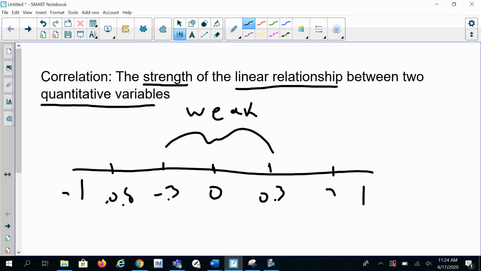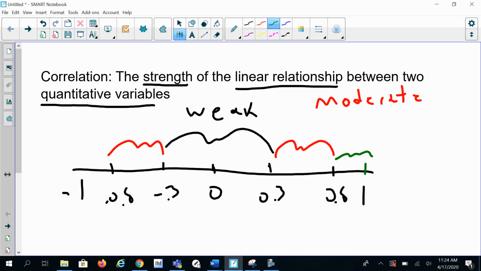Then let's say anything from 0.3 to 0.8, in this area here, we'd say it's moderate. So there's a moderate linear relationship. And then we'll say anything from 0.8 to 1, and anything from -0.8 to -1, is a strong linear relationship. So that's how we deal with strength.